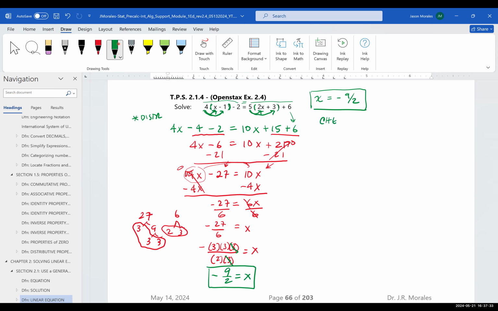So now let's check our solution. So our solution is x equals -9/2. Now, something I thought of, which might be a question that you have, is in checking our solution, why are we using this unsimplified version of our equation at the very beginning? Why don't we use something that's been maybe simplified a little bit, either here or even down here?